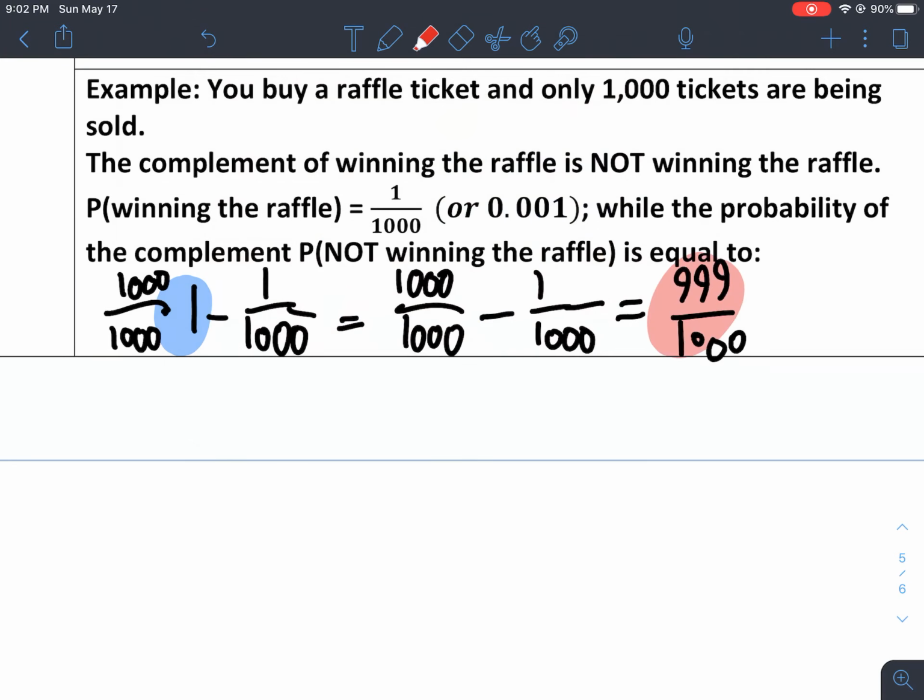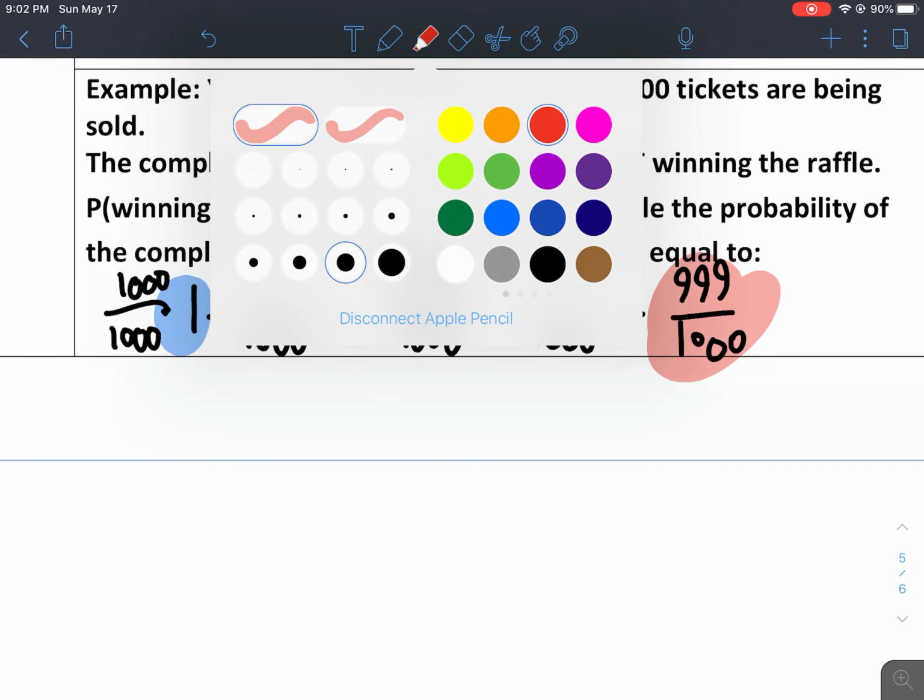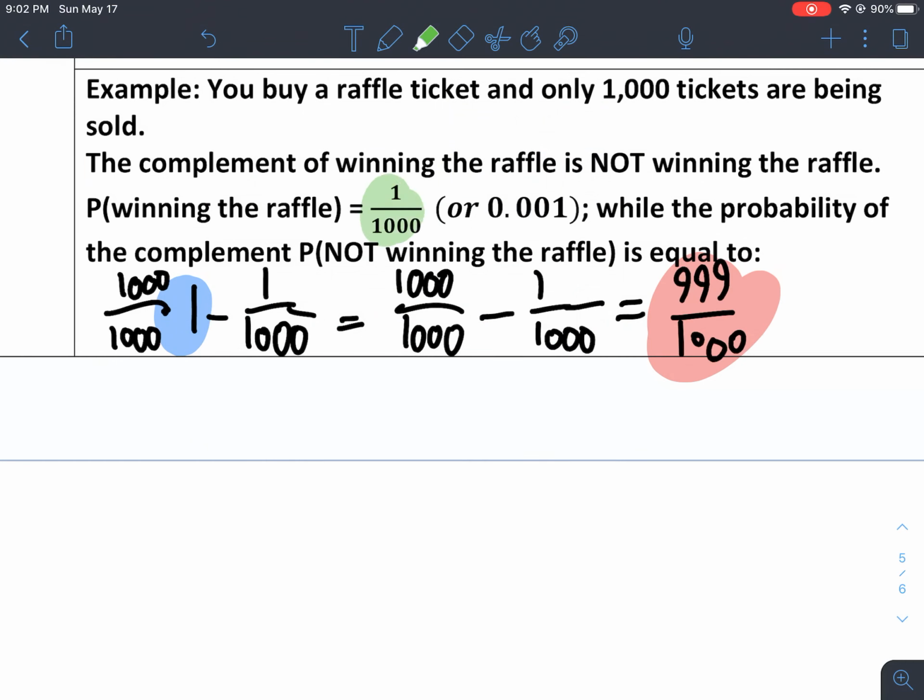So there's exactly one situation out of 1,000 where I won the raffle. Yay! But the complement is there are 999 different ways I don't win the raffle. So that's the idea of complements or not events. The chance that something doesn't happen.